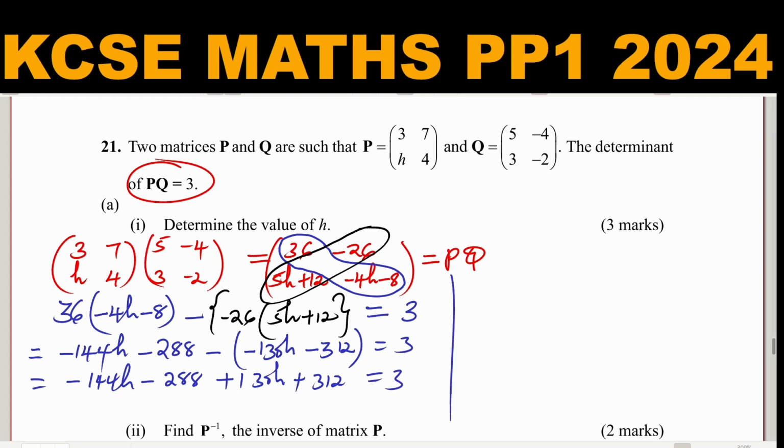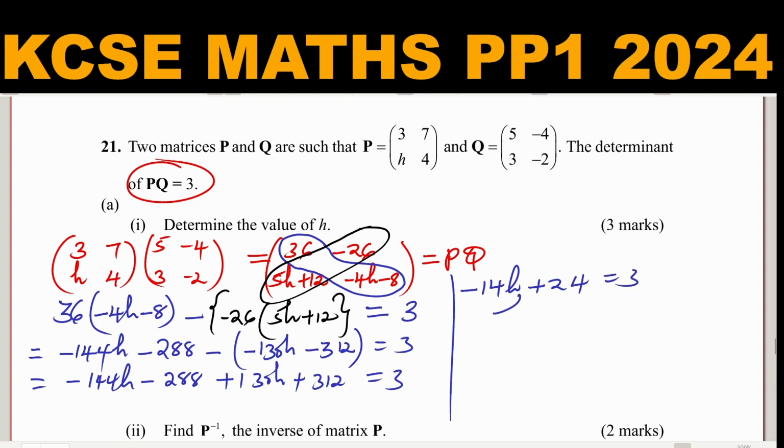So, like terms together: negative 144H plus 130H will give negative 14H. Then negative 288 plus 312 will give positive 24, is equal to 3.